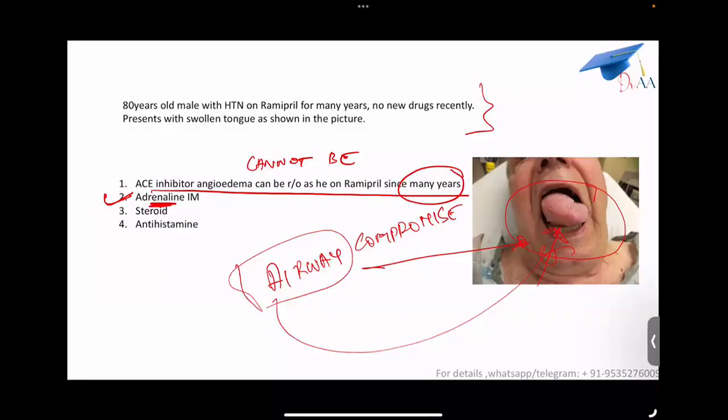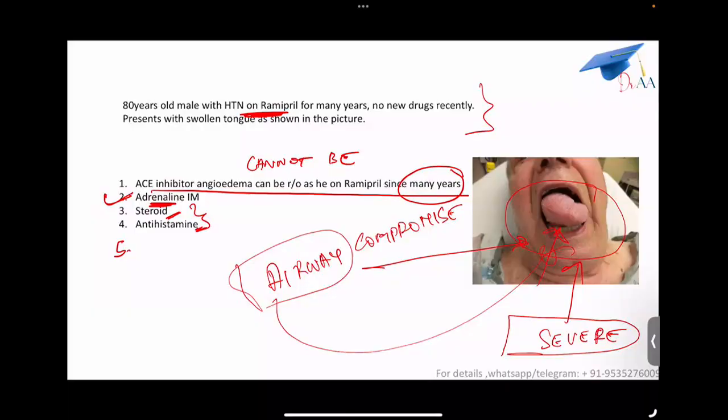Excuse me, even though there is a drug mentioned in the scenario... See, the drug is mentioned here. I do agree, but he is having a severe form of angioedema. It can be drug induced, but steroids and antihistamines will not act rapidly, so there is no point.